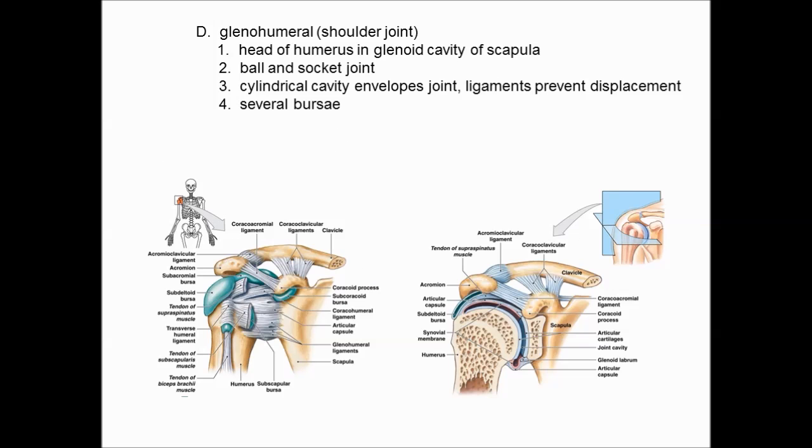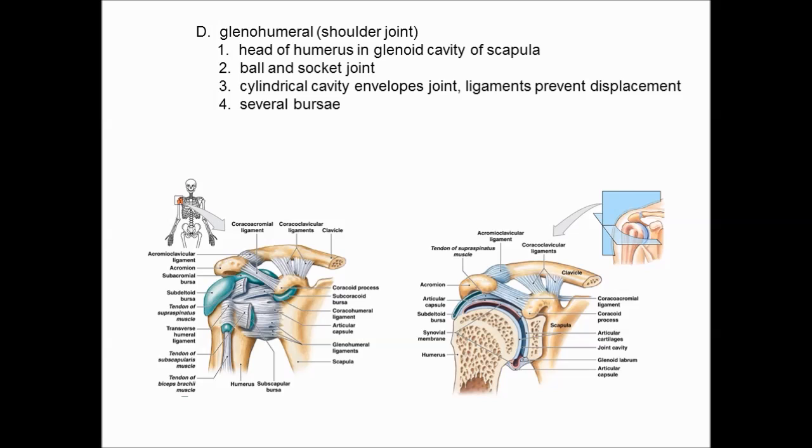The glenohumeral joint is the ball and socket joint in your shoulder. Again, it's the glenoid cavity of the scapula, represented right here, and the head of the humerus, and it's a ball and socket joint. The head, of course, can rotate in that socket. Its capsule completely envelops the joint.